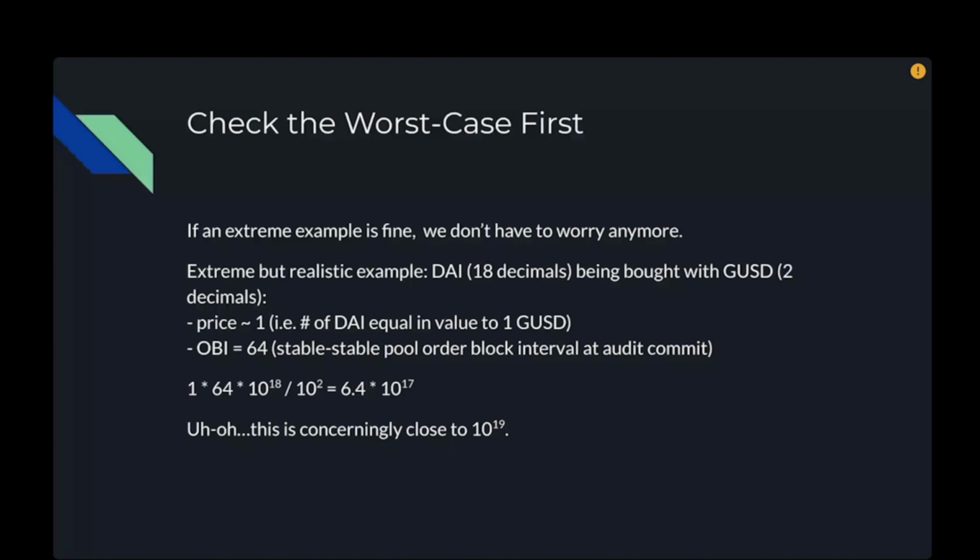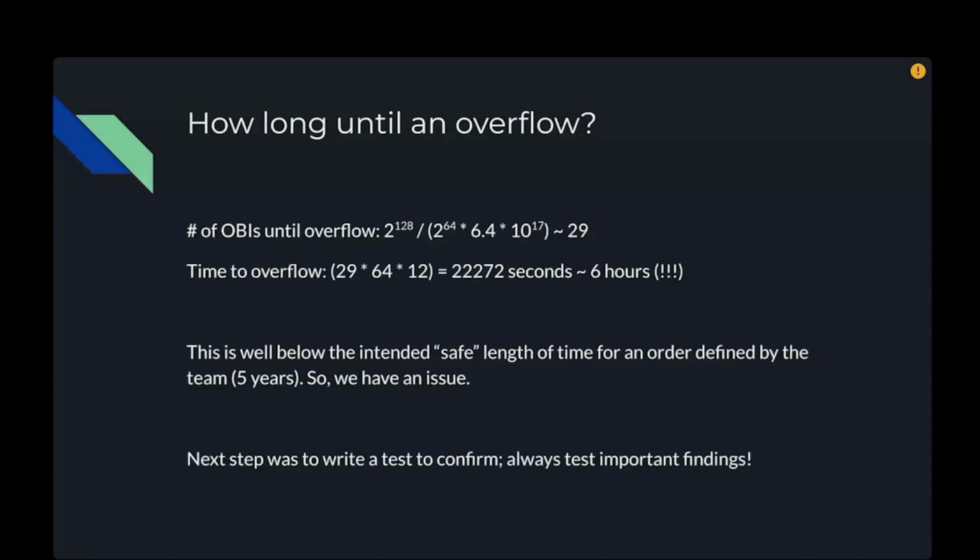It's 64. But then you calculate what this ratio is, and it's about 10 to the 17th, which is kind of close to 10 to the 19th, right? So we were hoping to prove that this was totally fine, but it's probably not totally fine, so we need to analyze it a little more closely.